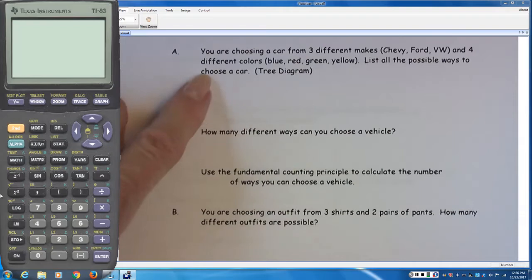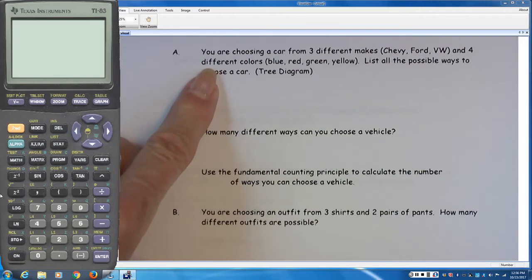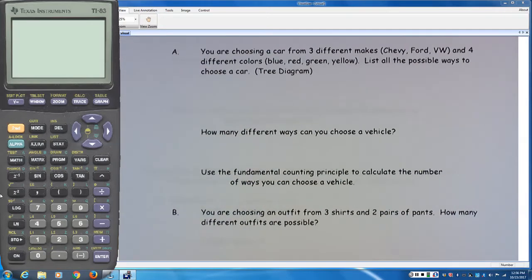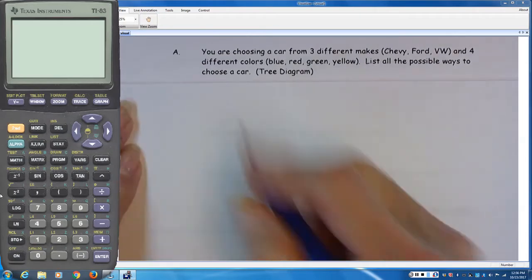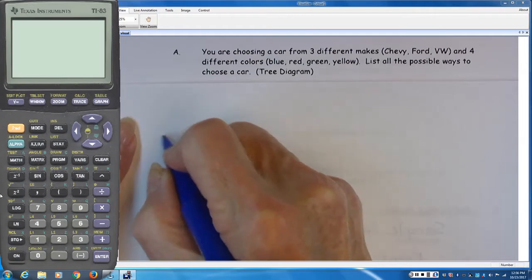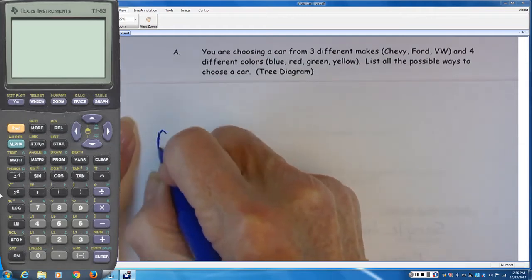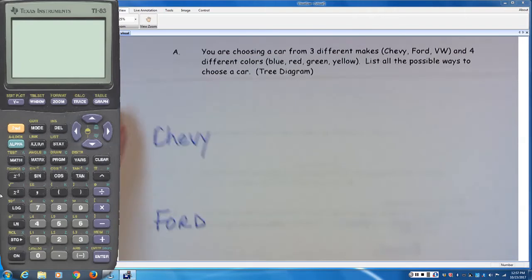Suppose you're choosing a car from 3 different makes, Chevy, Ford, and VW, and there's 4 different colors to choose from. Now, the best way to do this is to make a tree diagram. So if you've got 3 choices for your first choice, Chevy, Ford, and VW.